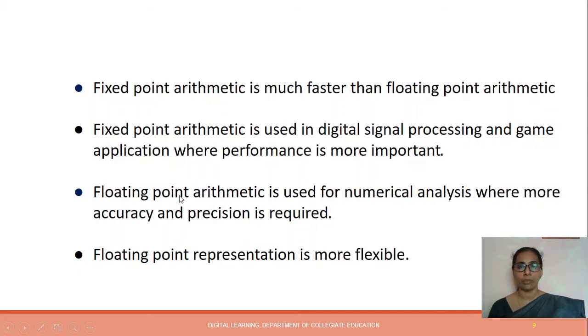But floating point arithmetic is used for numerical analysis where more accuracy and precision are required. And floating point representation is more flexible; in floating point representation we can represent very big numbers and very small numbers, which are not available in fixed point representation.